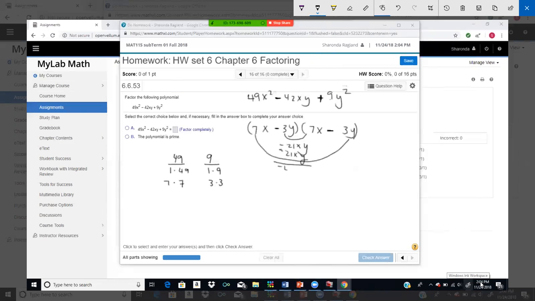The sum gives me negative 42xy, which checks out. And so this is called a perfect square trinomial. I like those also. So do plenty of practice.